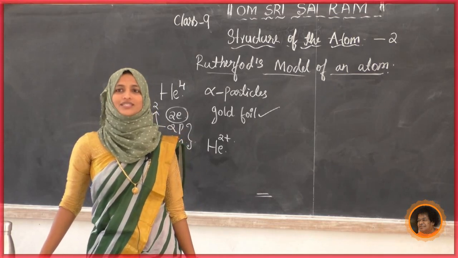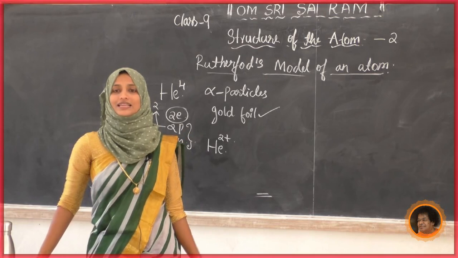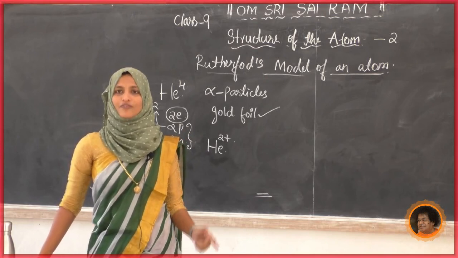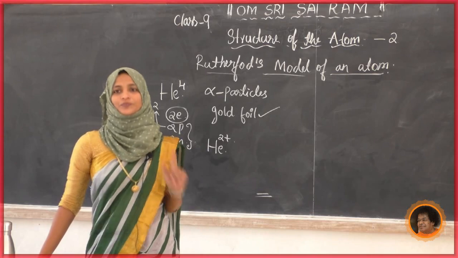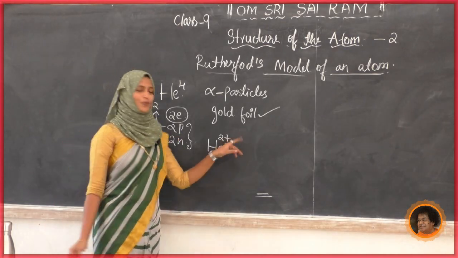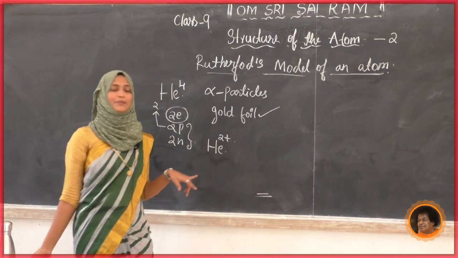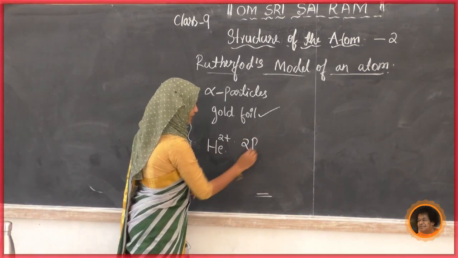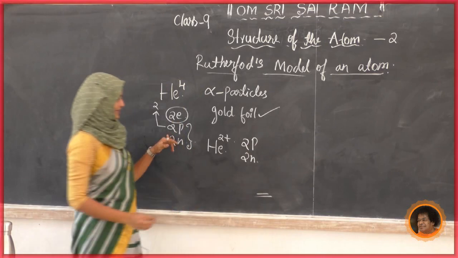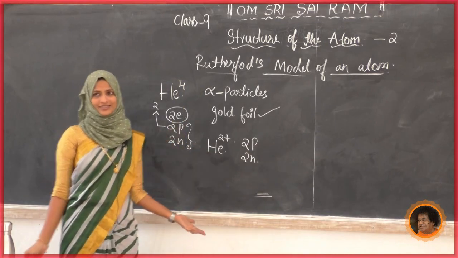Now tell me, what is the charge of this helium 2+ ion, or alpha particle? Yes, it has a 2+ charge. It has 2 protons and 2 neutrons, same as helium, but electrons are not there.